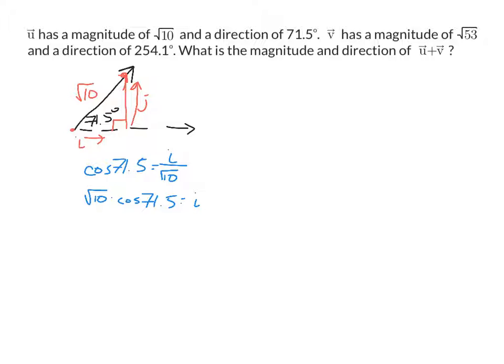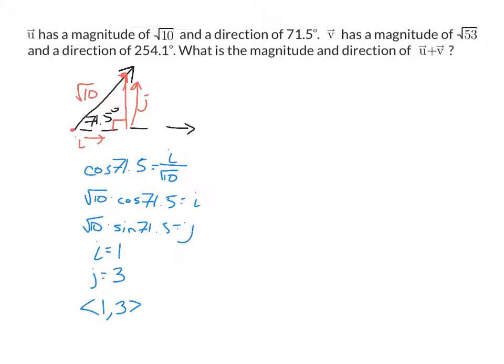So j is going to be your sine, so it's going to be the square root of 10 times the sine of 71.5, and that will get us j. Calculating these out, i ends up being 1, while j ends up being 3. And we know that we're going positive to the right and positive up, so the component form for this would be 1, 3.